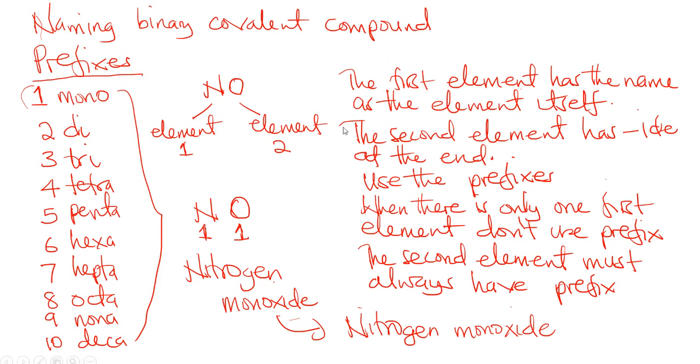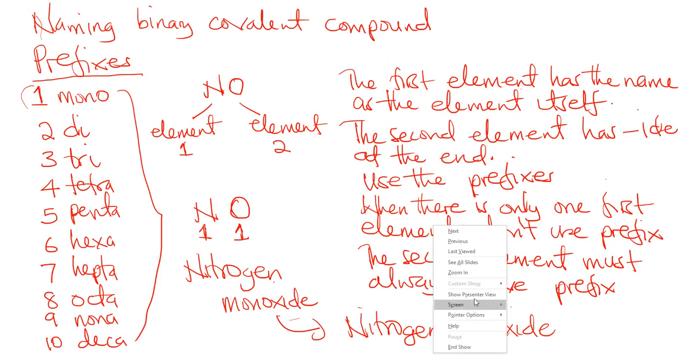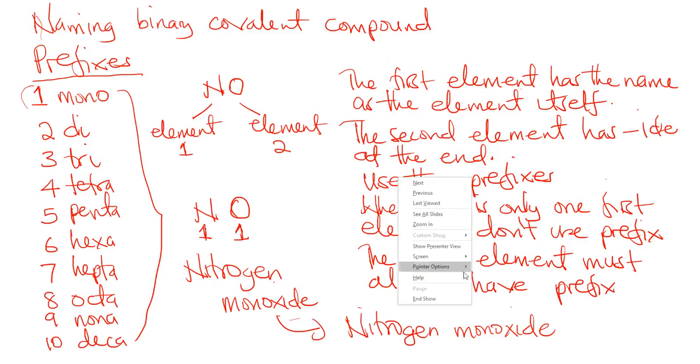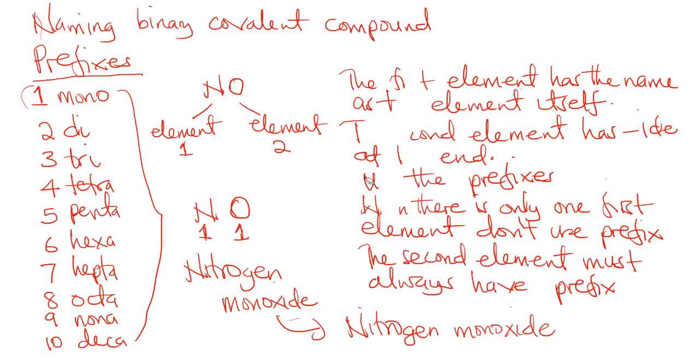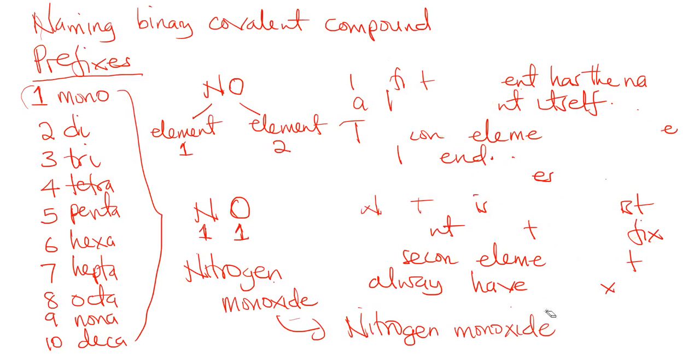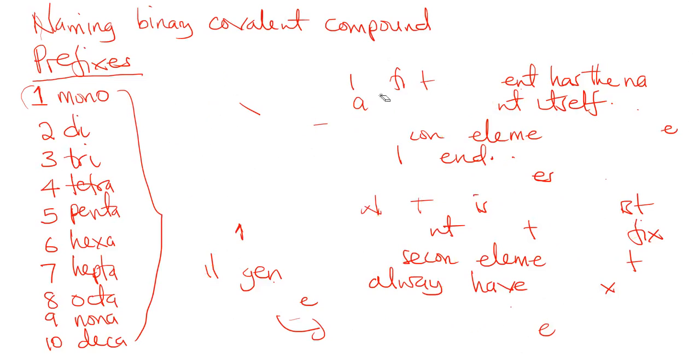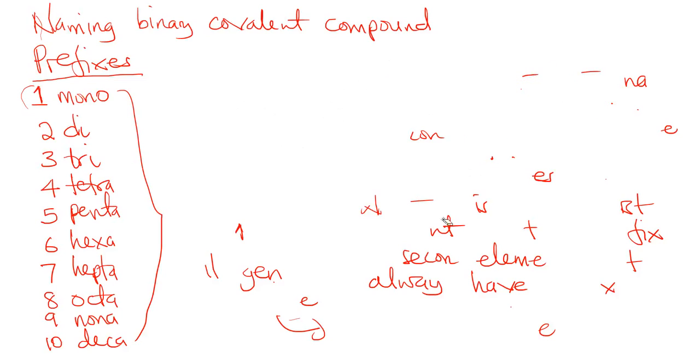So that is elements and prefixes, or how we name covalent compounds. So let's practice more naming here. Let's go to other compounds that we can name.